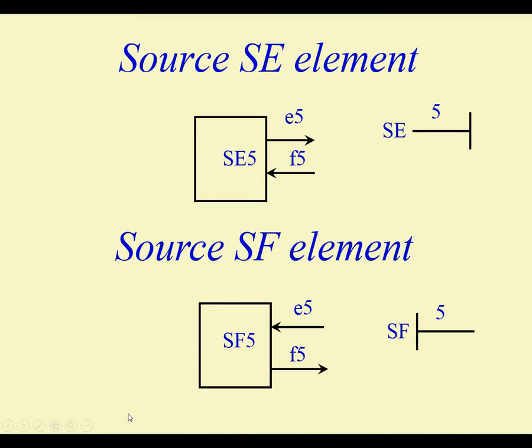Okay, you can have several ways to represent the flow source and the effort source. There's only one possibility. If it is an effort source, it has to behave like this: from this to the system, and from the system to this.